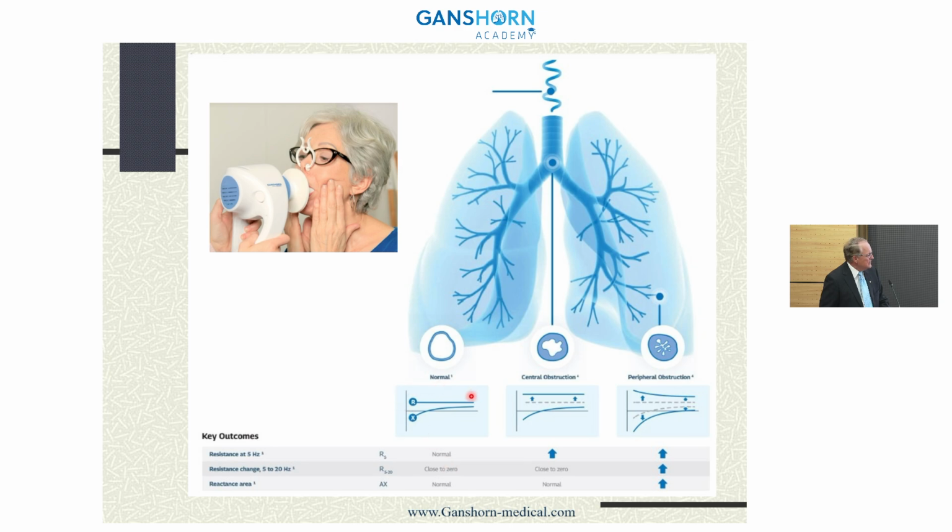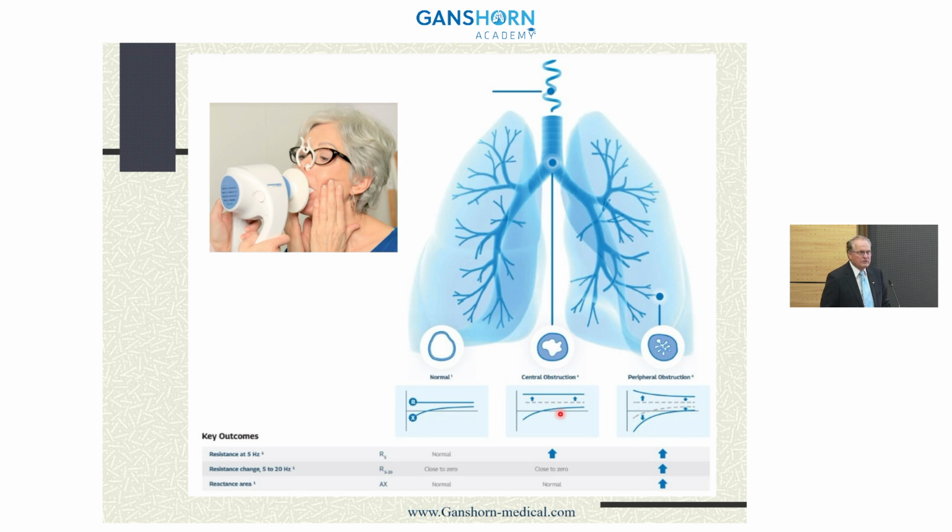So we see this pattern throughout the curve itself as being very stable. And the area under the reactance curve, this little portion right here, is going to be within the normal limits also.